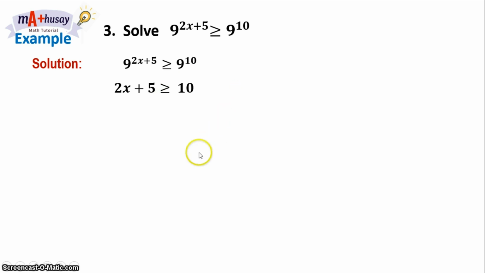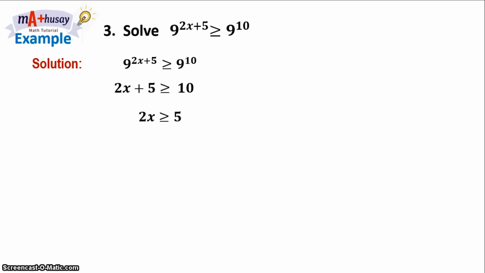So to solve for the value of x, we have to add negative 5 to both sides of the inequality. So dahil nag-add tayo sa both sides of the inequality, we have 2x greater than or equal to positive 5. So from here, to solve for x, we have to divide both sides of the inequality by positive 2.